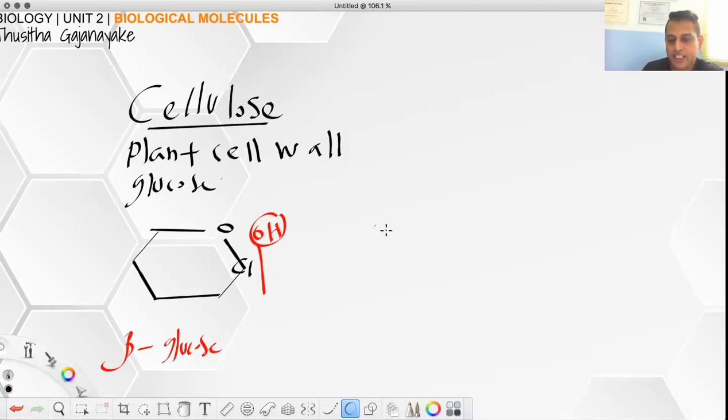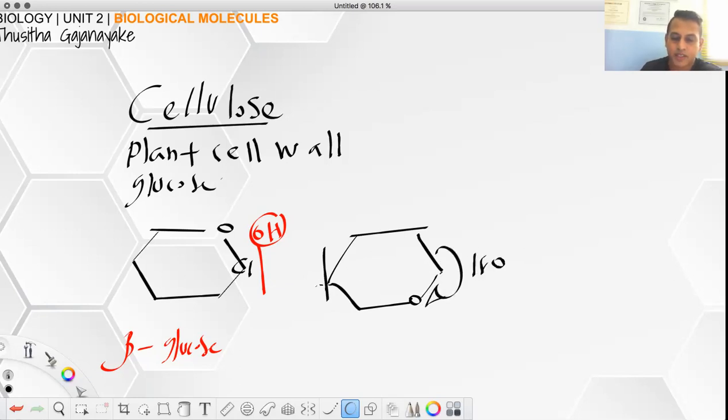And then the next glucose molecule rotates 180 degrees, and then it makes this glycosidic bond. This is a completely different glycosidic bond.